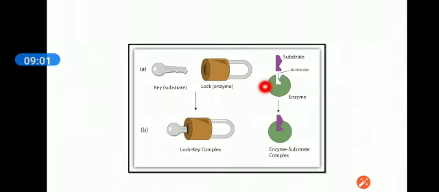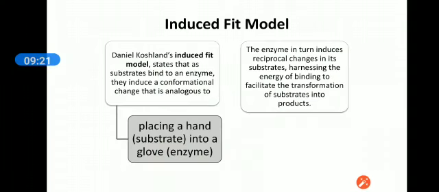In this case, it failed to explain the conformational changes that happen during the mechanism of action, which we will discuss in a later lecture. To address these limitations of the lock and key model, later on Daniel Koshland introduced a new model of substrate and enzyme interaction called the induced fit model.